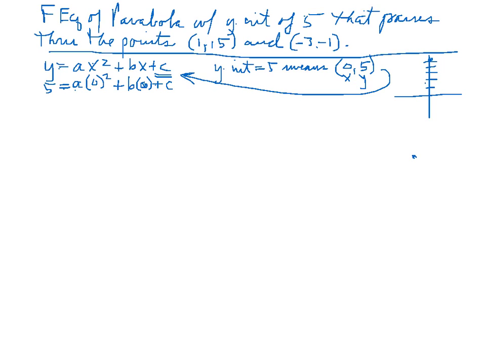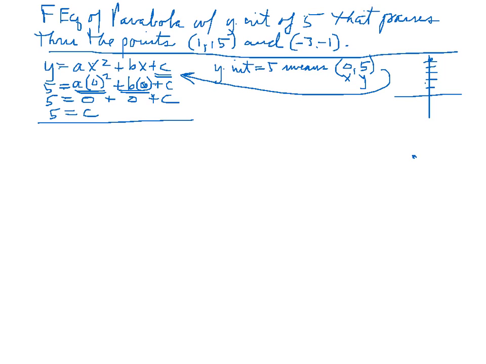Do you see how these two terms I'm underlining become 0? So you get 5 is equal to 0 plus 0 plus c, or 5 equals c. Okay, the c is the y-intercept.